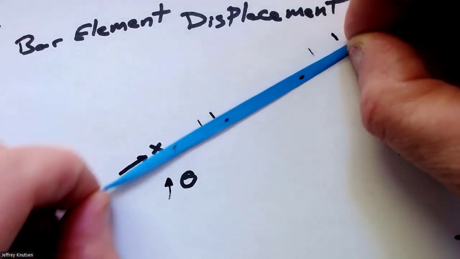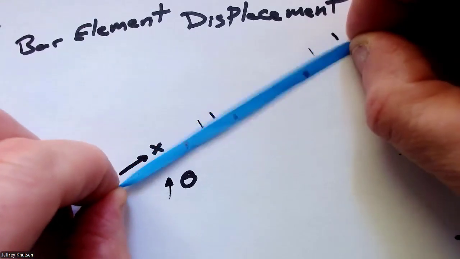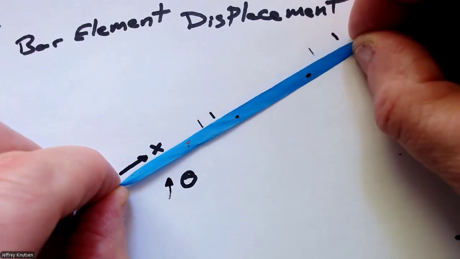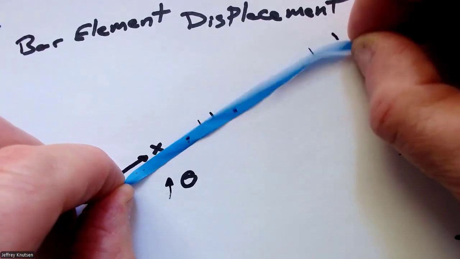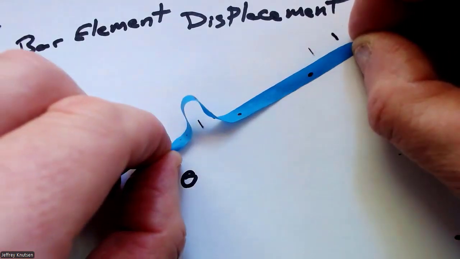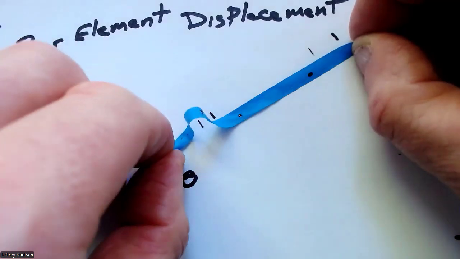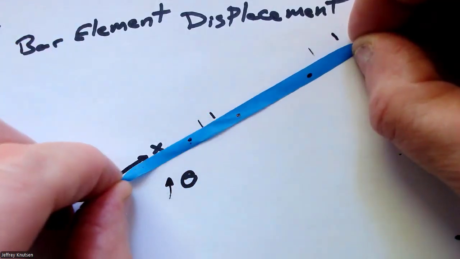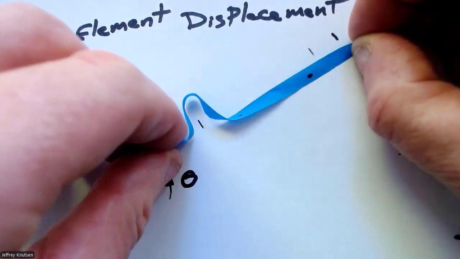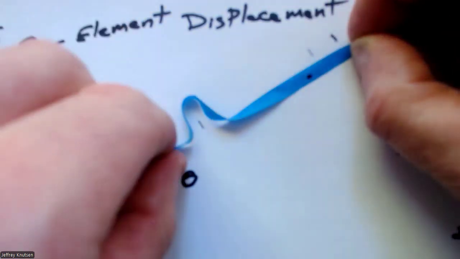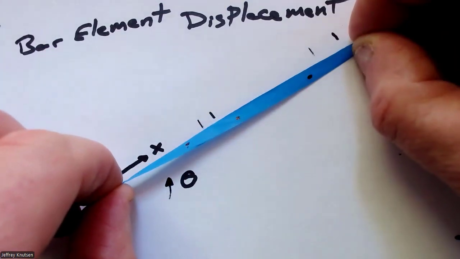So this, in essence, is a bar element. With my example here, the piece of rubber, what I can't do, of course, is hold node 2 fixed and displace node 1 in the positive direction, simply because the rubber buckles. But if you imagine mathematically, this would just be compression. The nodes here would move more than the nodes here, and those nodes would be displaced in the positive direction. I just can't do it with the rubber.